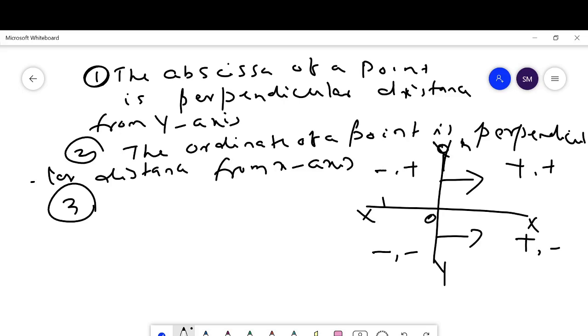Then the ordinate of every point situated above the x-axis is positive.